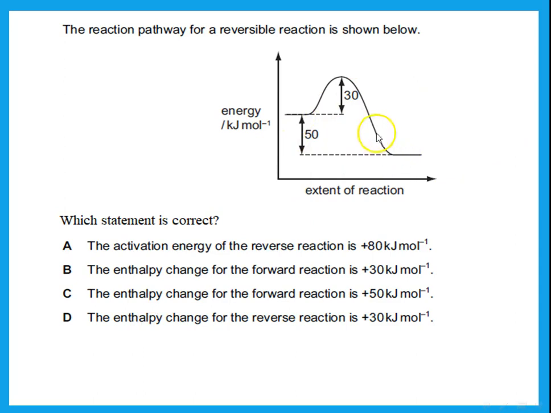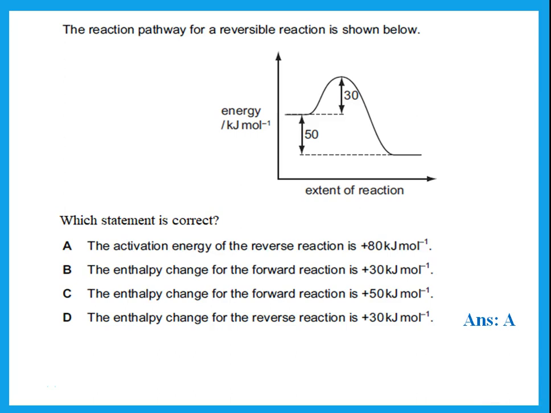So if I'm going this way, what would be my activation energy? If I'm going from here to here, then my activation energy is the distance from this reactant now to the top. So for the reverse reaction, the activation energy is plus 80. So that is correct.